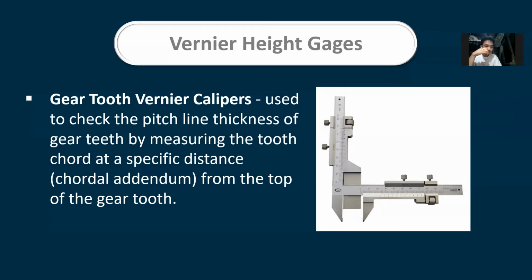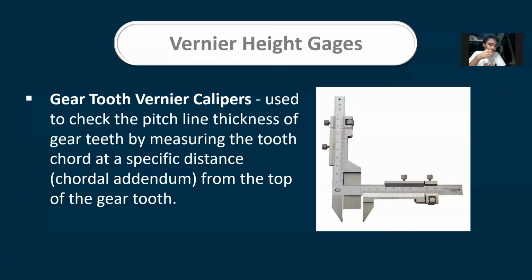Yung horizontal na vernier in the picture measures the cordal thickness of the gear, o kung gaano ka-thick yung gear. While the vertical naman, it measures the cordal addendum. So basically dalawa yung purpose ng vernier height gauges.